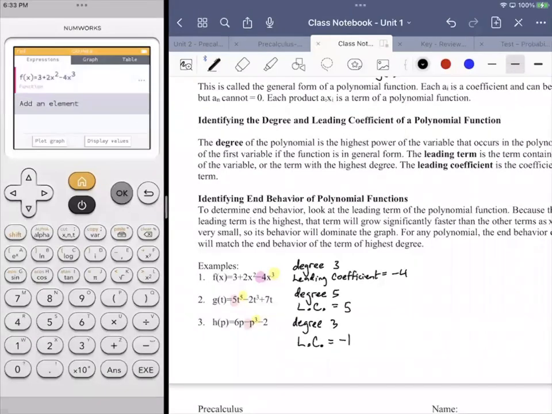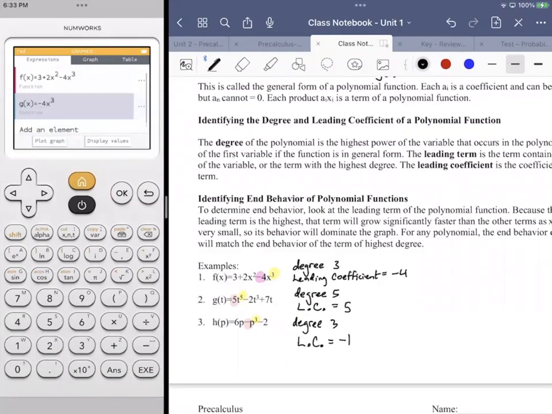Now I'm going to do the same thing. I'm going to add an element, but this time I'm going to put in just the leading coefficient. No, I'm sorry, not the leading coefficient, the leading term. So negative 4x to the third power. Lock that in. I put it in as f of x and change it to g of x because it needs to distinguish between the two functions. That's just part of the programming.